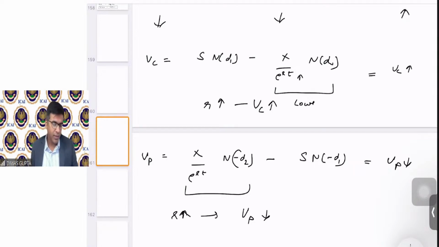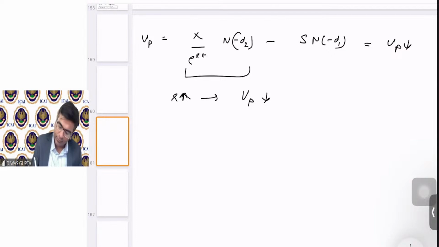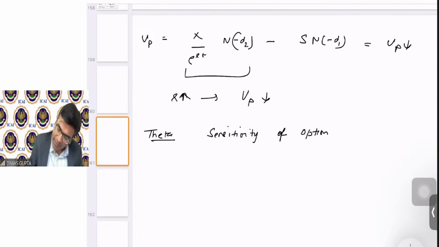Okay, students. Then lastly, theta. Theta is actually the sensitivity of option prices with the passage of time, students.